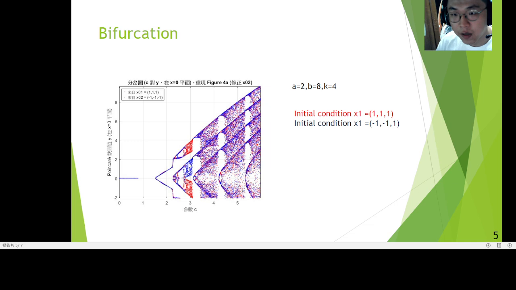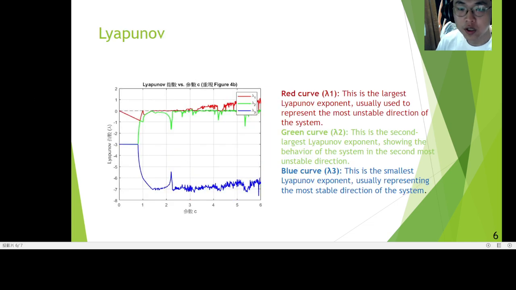And then page 5, we are going to introduce the final one, Lyapunov. This simulation result demonstrates the behavior of multiple attractors in a chaotic system under different parameter conditions, and effectively reflects the system's dynamic characteristics through the variation of the Lyapunov exponent.